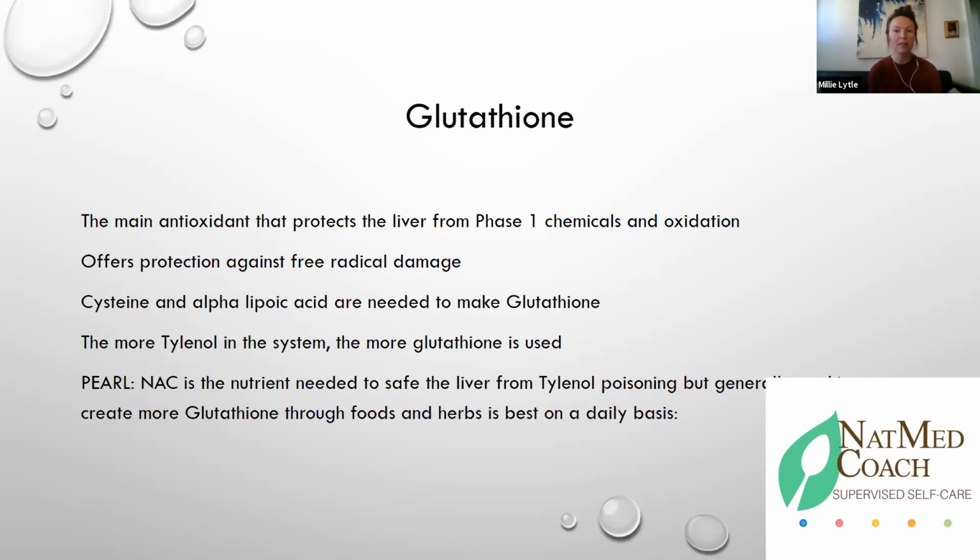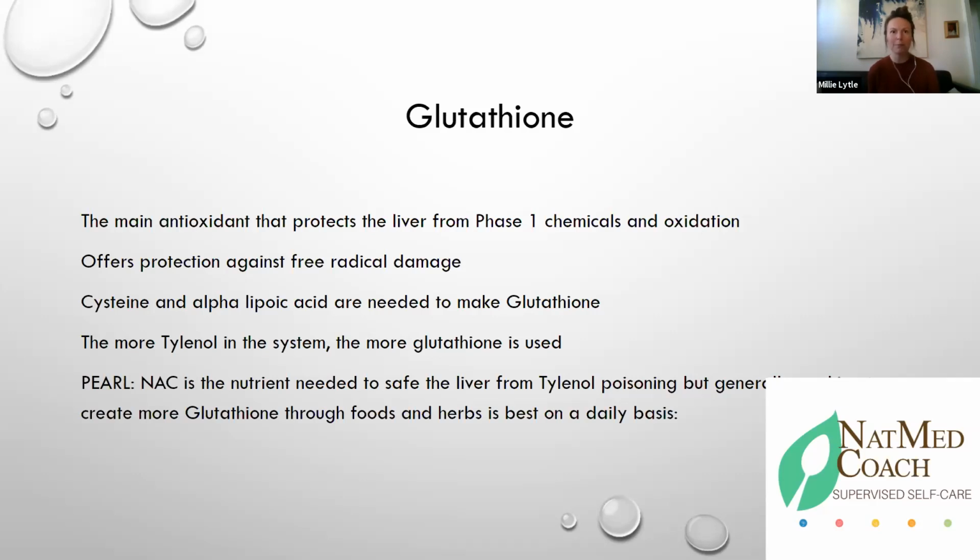So the cells of the liver can actually die and come back. The liver can grow back. And it does so in part through glutathione, which is created based on the presence of how much cysteine is there. Now, the more chemicals are there, the more the body needs cysteine and alpha lipoic acid, the other natural chemical that's needed in order to produce glutathione.